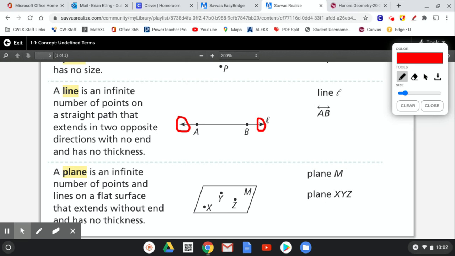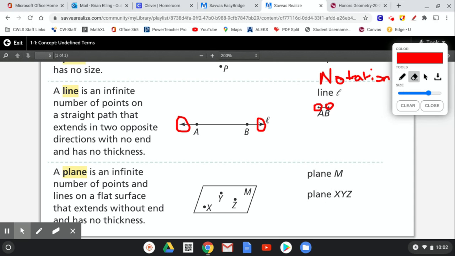Now, when we're naming it, if you notice over here in the notation section, the naming notation, we have arrows on that little symbol above AB. That just shows that it's a line that goes on in every direction. So that's how we're going to name it. We put that little line above A and B.